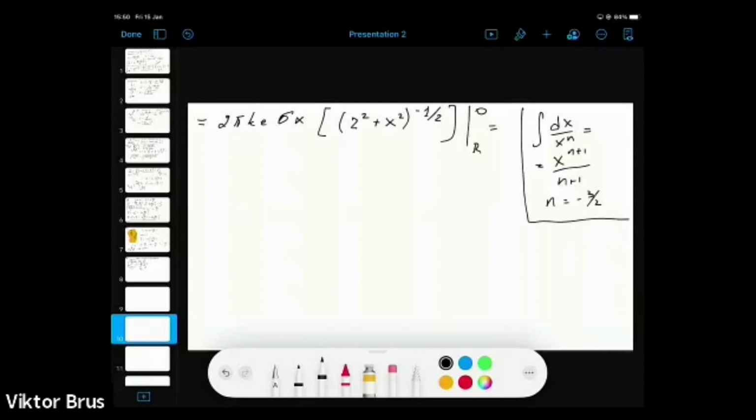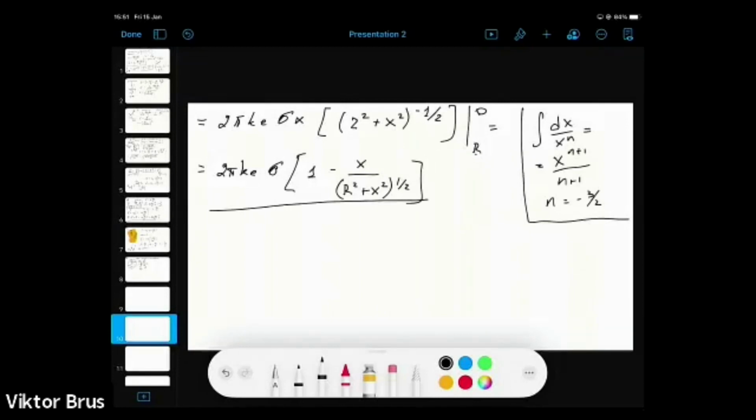And substituting 0 and capital R instead of r in this equation, we will get the final equation for the electric field at point P. It will be 2 pi k e sigma times 1 minus x divided by the square root of capital R squared plus x squared. So this is the answer.